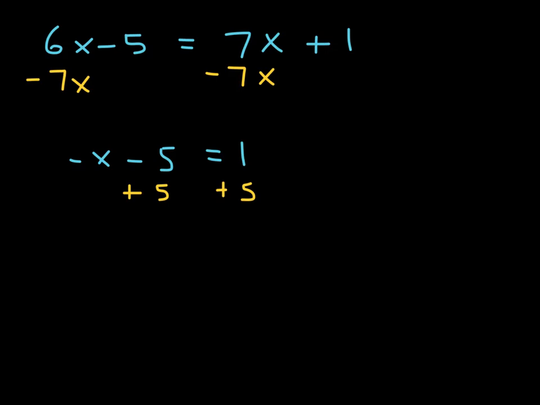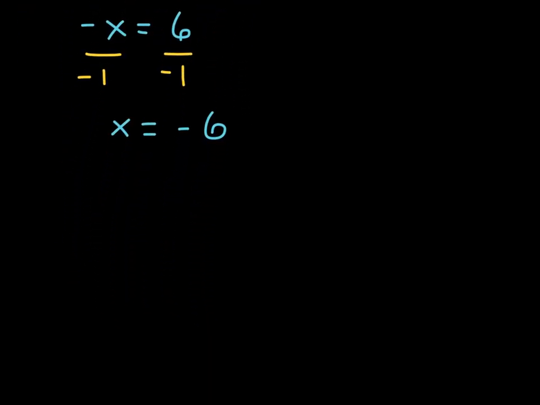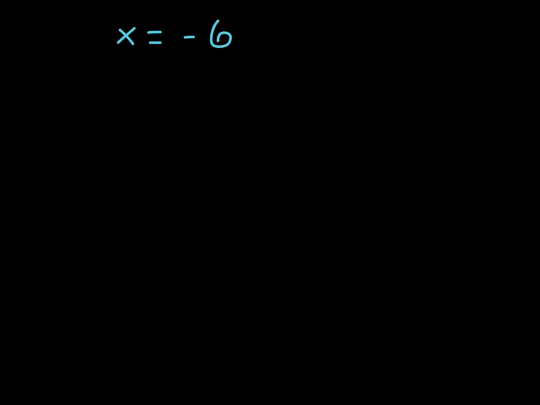And this will lead you to negative x is equal to 6. And then finally, divide both sides by negative 1. And then you get x is equal to negative 6. Now, let's go back to the original equation, and confirm that this solution is indeed valid, and make sure it's not extraneous.